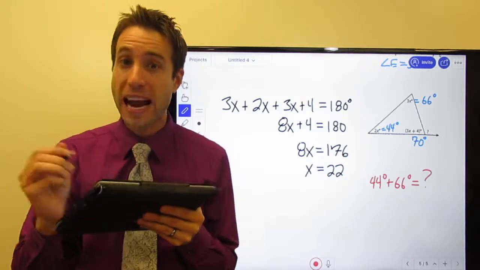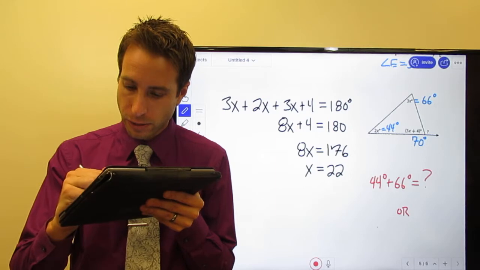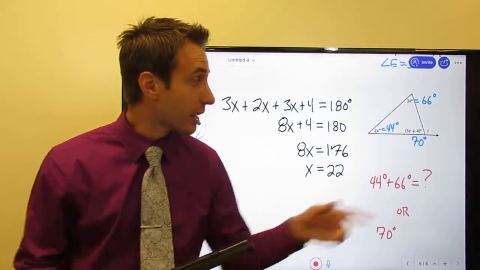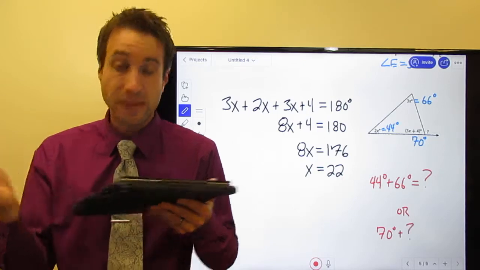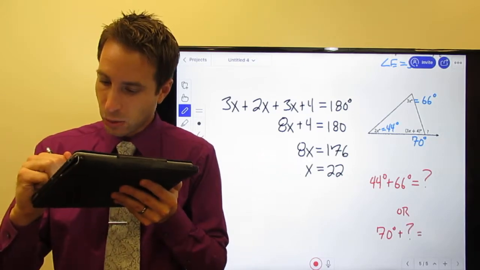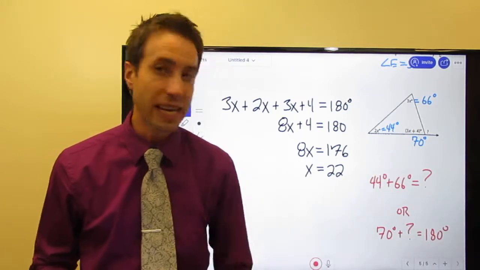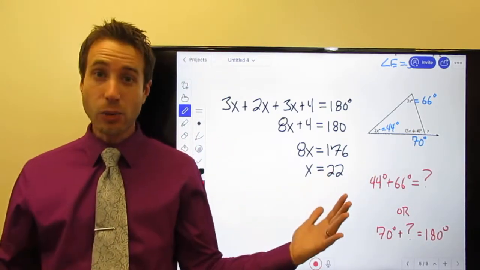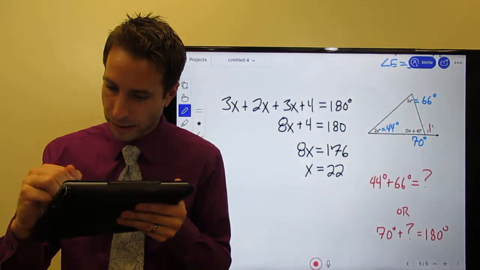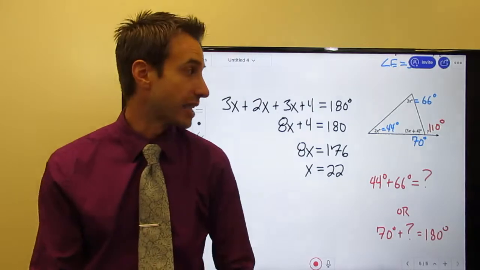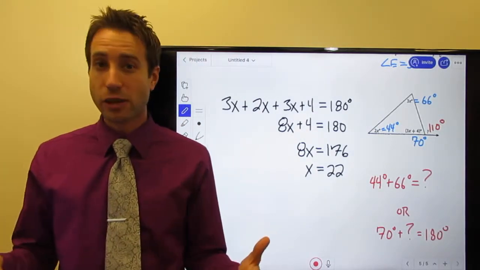They form a linear pair. So I could also do 70 degrees plus the exterior is equal to 180. Either way, you're going to get the exact same answer, and it turns out to be 110 degrees.